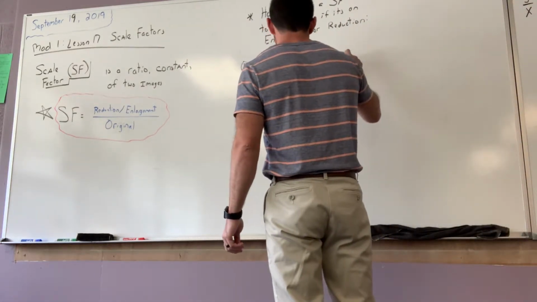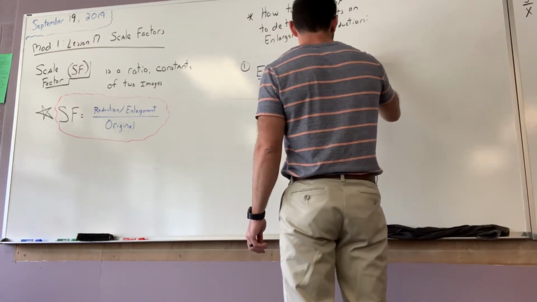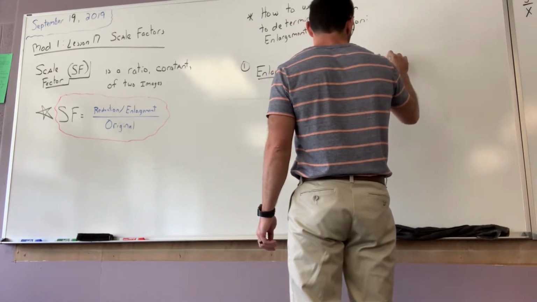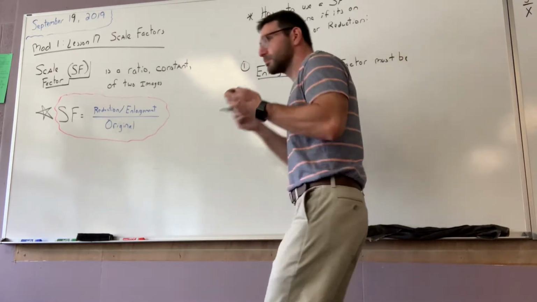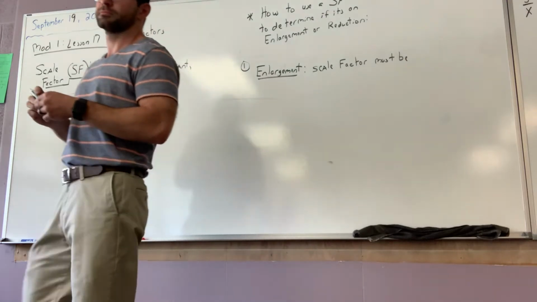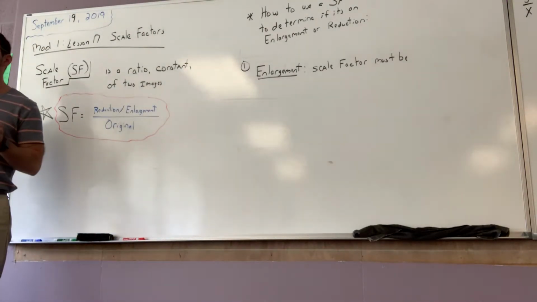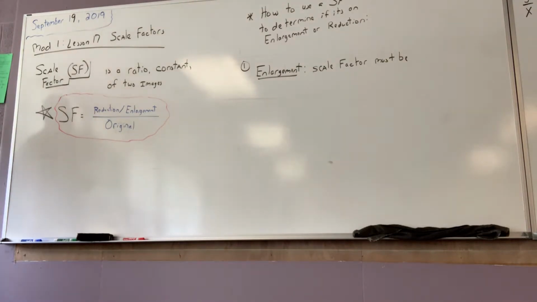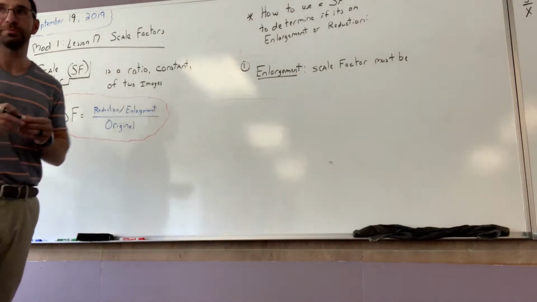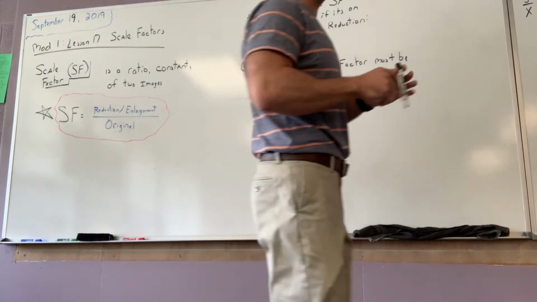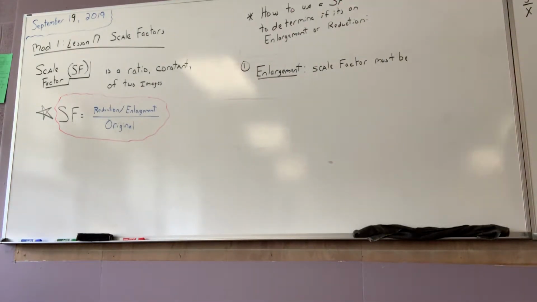For it to be an enlargement, the scale factor must be something. What does the scale factor have to be in order for it to be an enlargement? And I'm looking for 2 mathematical words and a number. What do we think?